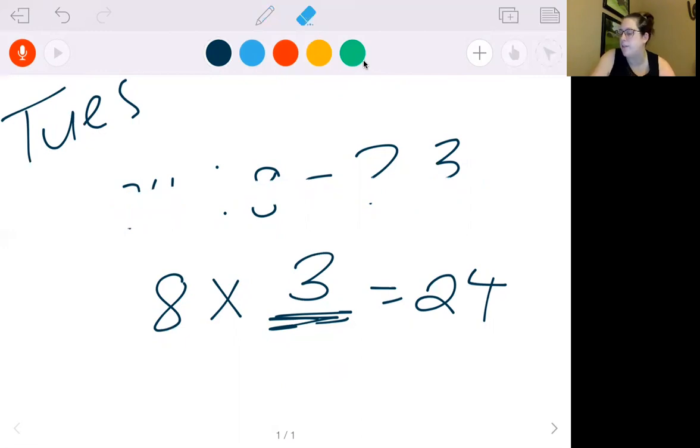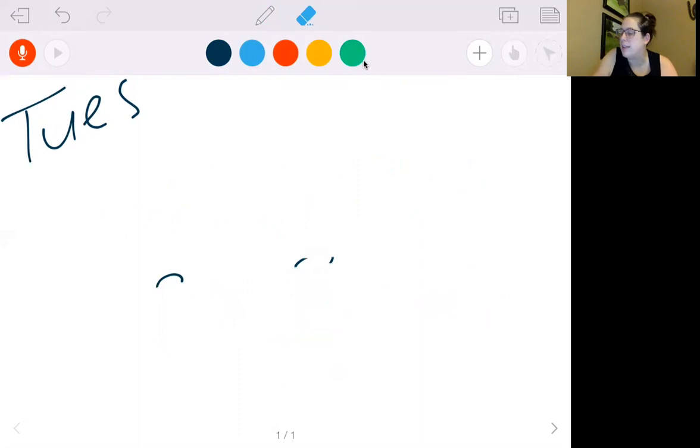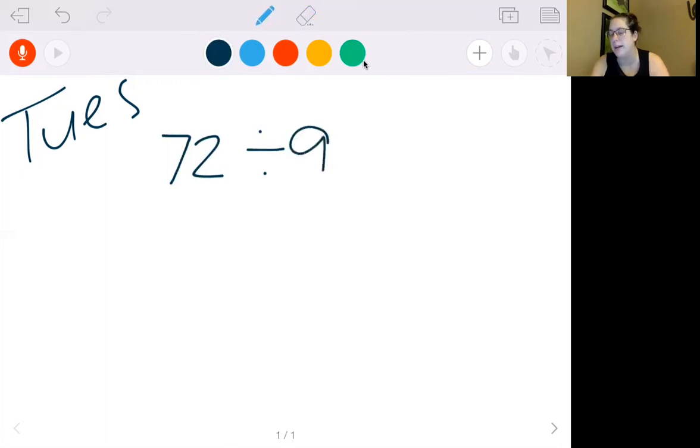So let's do one like this. I'm going to give you a division problem and we're going to work the opposite. If you remember back to first and second grade when you did fact families, it's really similar. So if you have something like, let me think, 72 divided by 9. That equals 8, and that's what they're going to give you in classwork. You're going to figure out the facts that go with it.